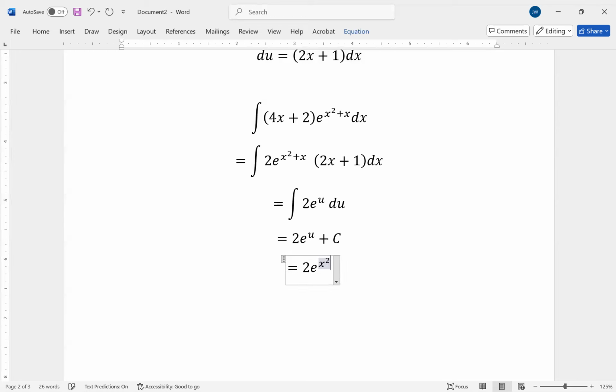So e to the u was e to the x squared plus x. So my final answer is 2 times e to the power x squared plus x, and then plus c. That would be my final answer after doing the substitution process to find the integral.